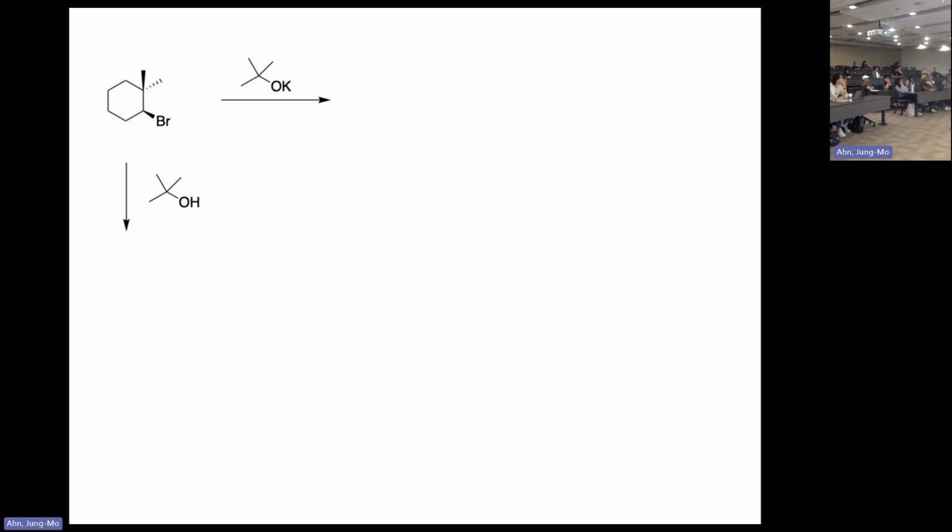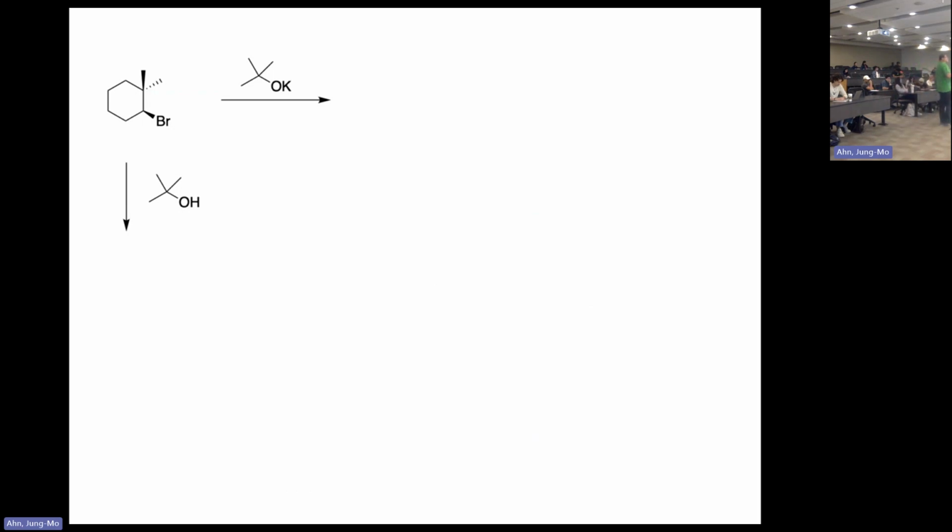So because of that, even with a strong nucleophile, I don't think substitution reaction will happen. But that is not a nucleophile either. So in both cases, elimination reactions are basically the only choices for the molecule. And this is a strong base, and that is a solvent, a weak base and weak nucleophile.